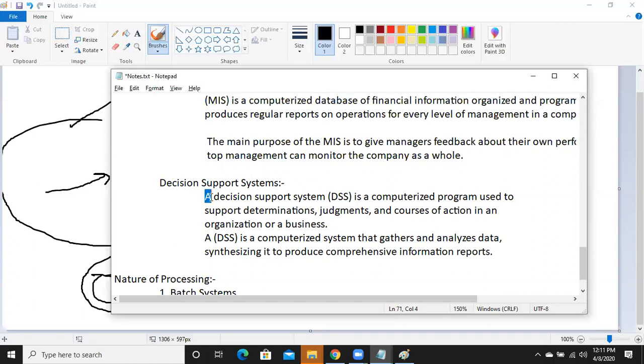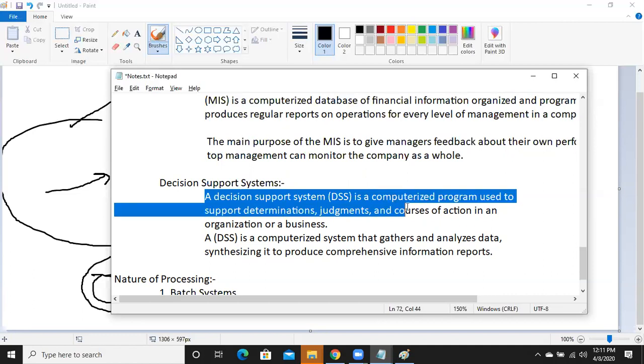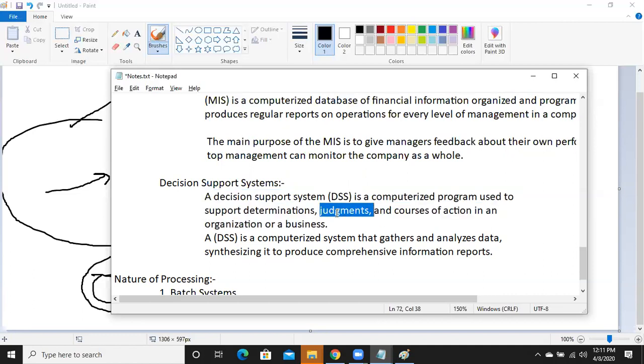So what kind of decisions we have to take, this decision support system will tell me. Okay, this will provide determination, judgment, and prediction, and will tell us what decisions you have to take in order to recover from losses. If I take an example, right, and courses of action in our business example.